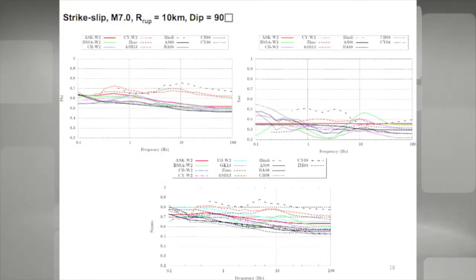So this is the strike slip magnitude 7 scenario. On the left, you have the phi versus frequency. On the right, you have tau versus frequency. And then on the bottom is the total standard deviation.